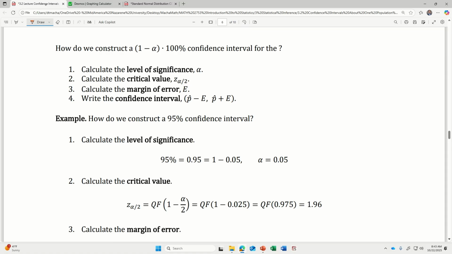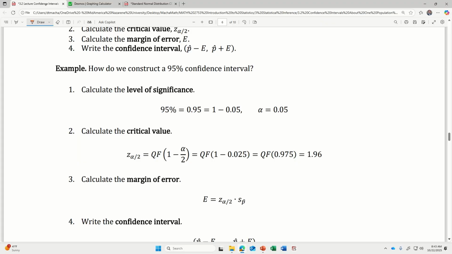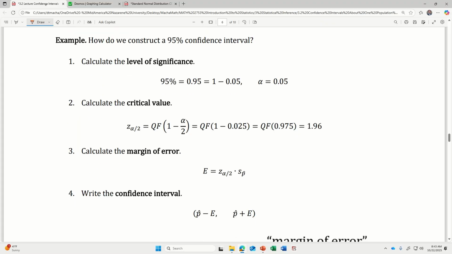Step number 3, we calculate the margin of error. And the margin of error is going to be my critical value times the standard error of my sample fraction.